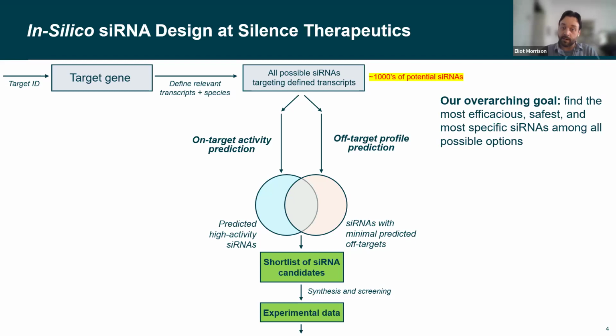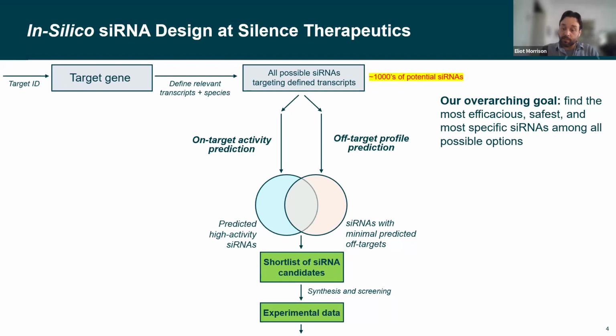So the siRNAs that are predicted to be the most potent, but also the cleanest and most specific. And it's from this intersection that we make our selections about what we actually want to synthesize and screen experimentally. And so today I'd like to focus on the right side of this workflow, the off-target profile prediction.